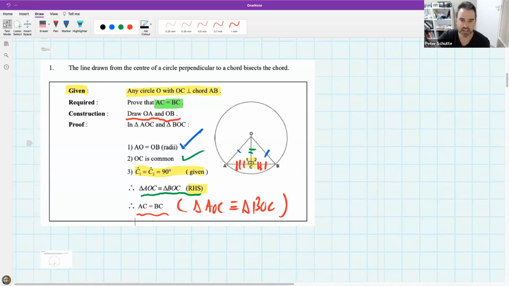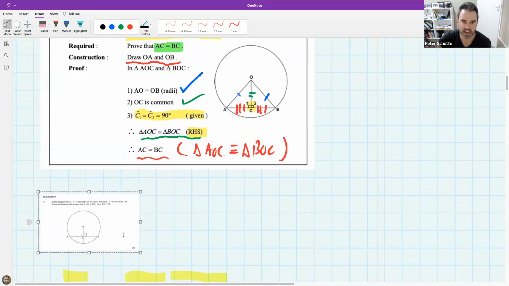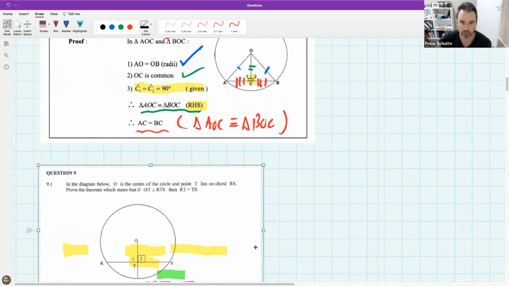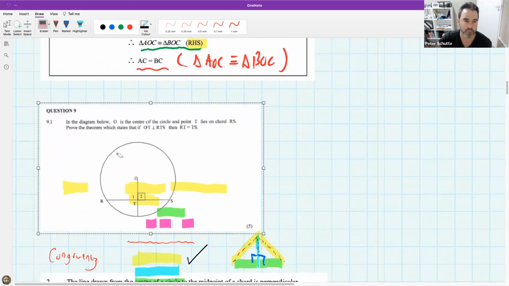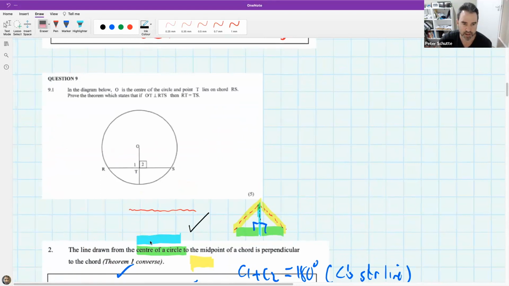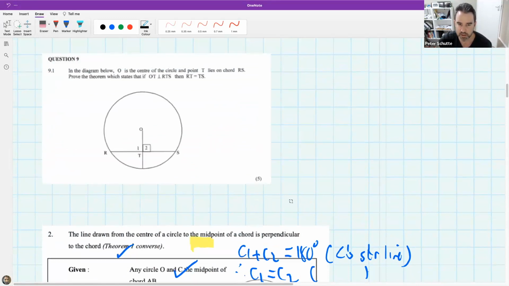Now, let me give you an example of an exam question of what this looks like, because I know all of you are like, okay, great, but what does it look like in the exam? So let me do that for you. Here's an old exam question that I've pulled, and I want you to try and do this for me by yourself. And then I'll come back and we'll talk about another theorem. But let's just see what it looks like in the old exam. And let me see if I can make it a bit bigger.